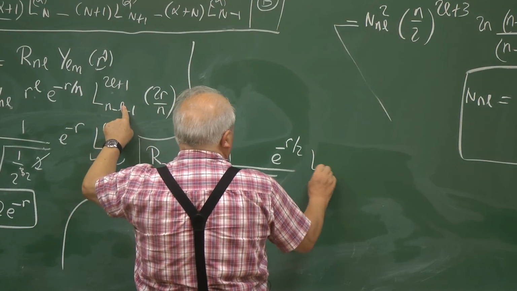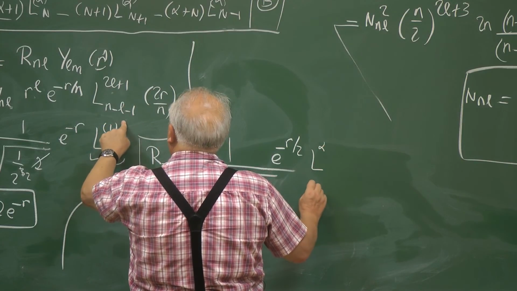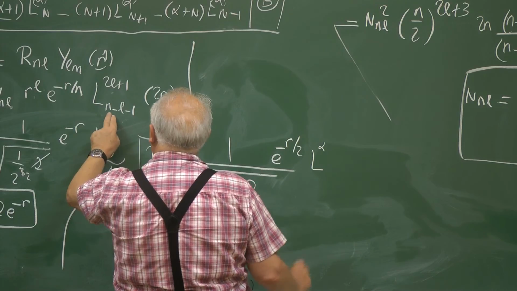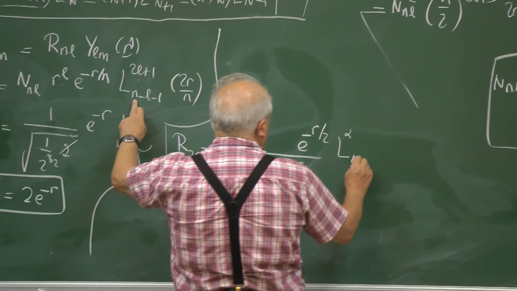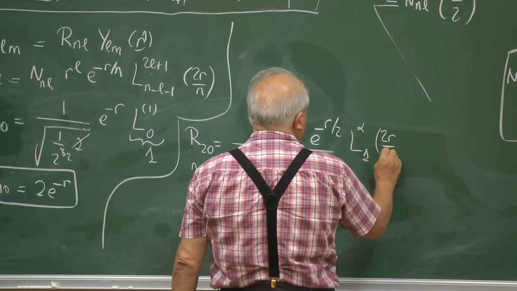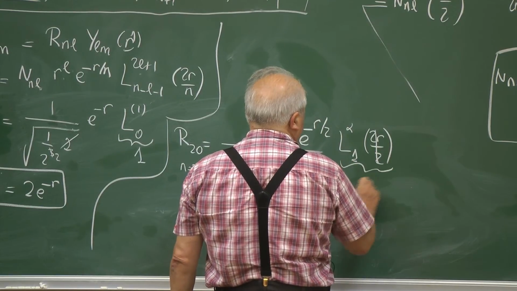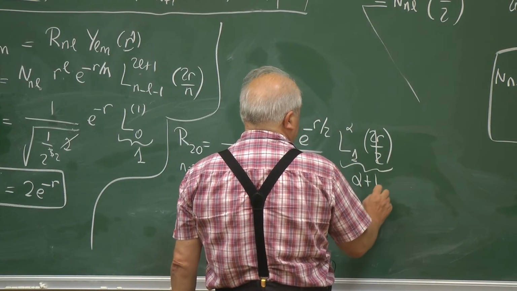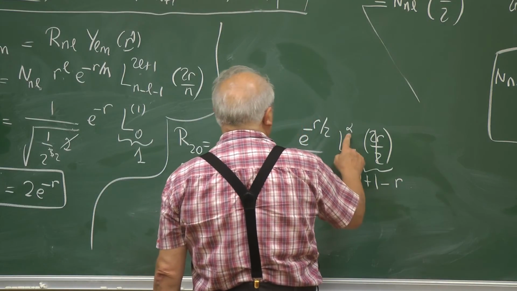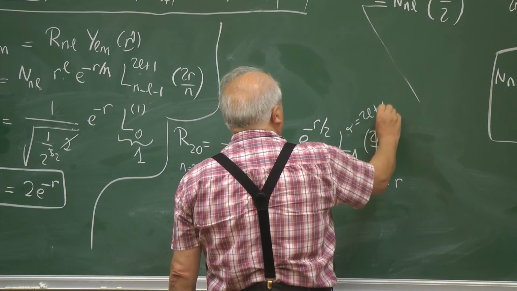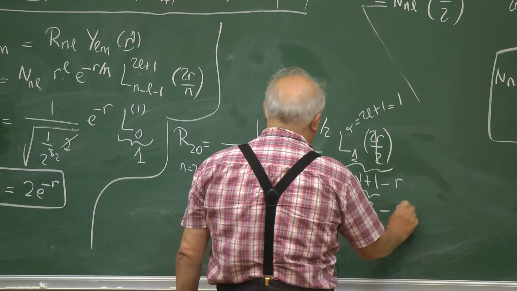Then the Laguerre polynomial, n is 2, alpha is 1, of 2r over n, and n is 2. So this is alpha plus 1 minus z, which is r here, and for l equals 0, it is simply 1. So it is 2 minus r.